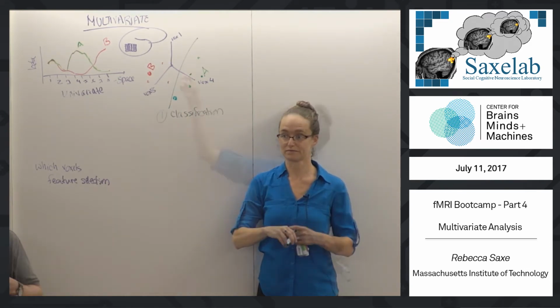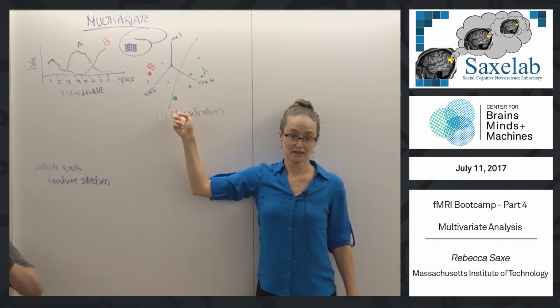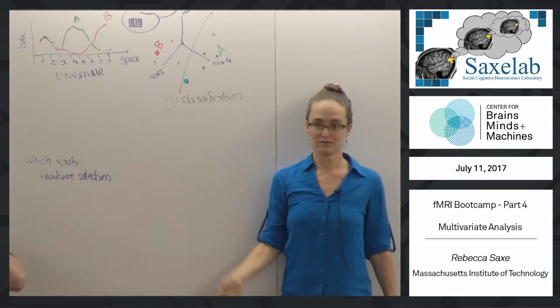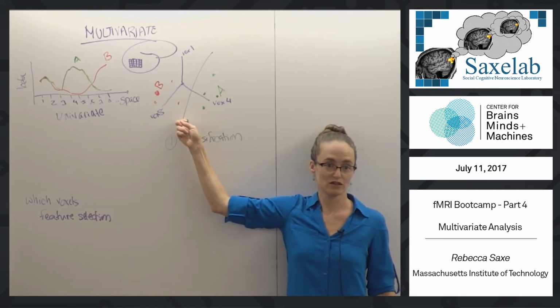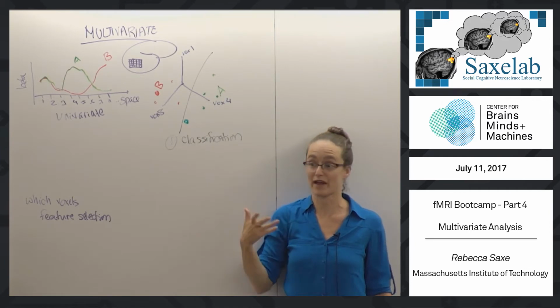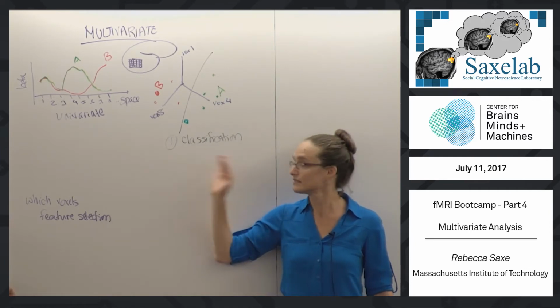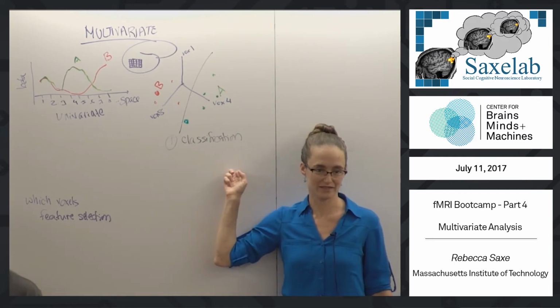That's classification. Two clouds of data. Now, draw a decision plane so that for any new piece of data, you have a prediction of which class it came from. Let's test how well that prediction works. That's, in brief, the intuition behind classification.